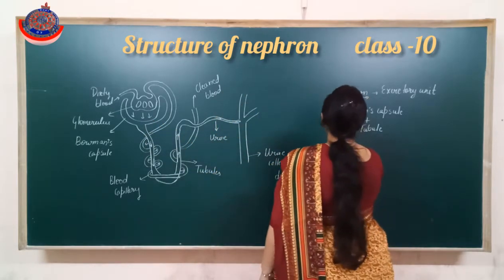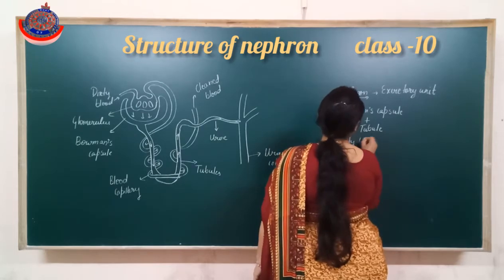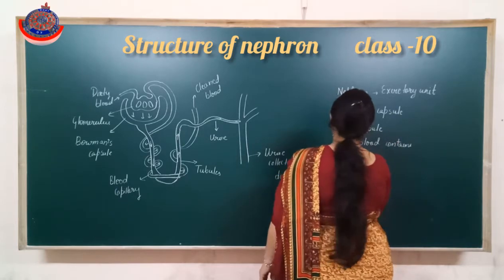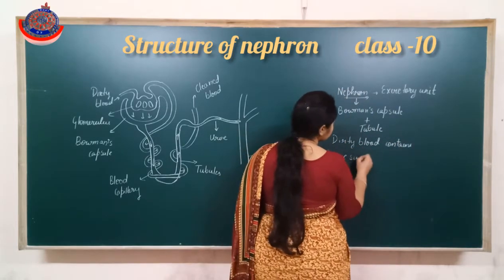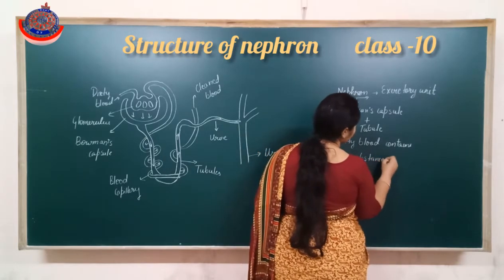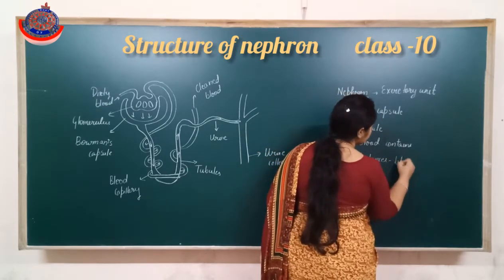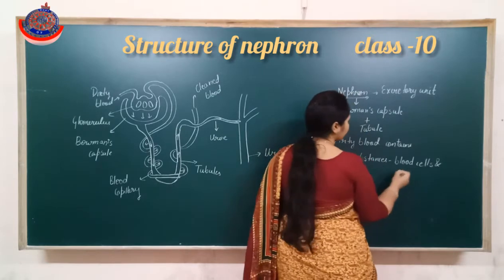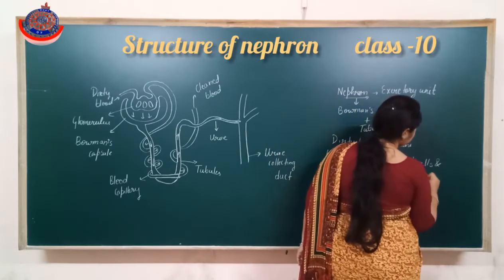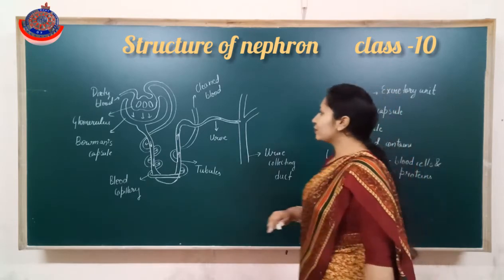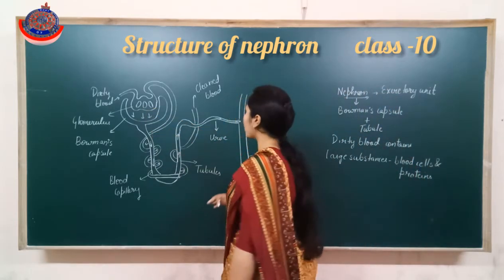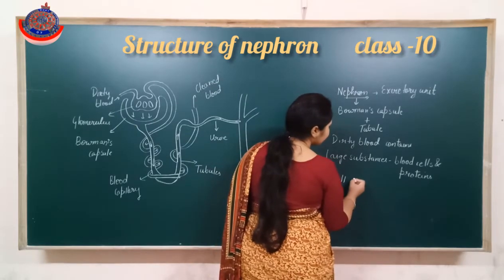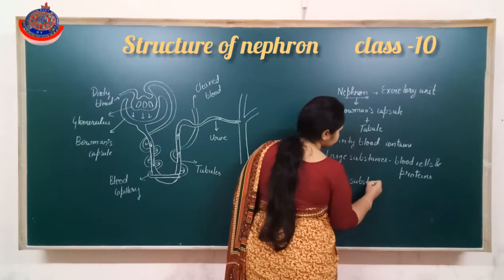So the dirty blood contains some large substances like blood cells and large proteins, which after filtration remain in the glomerulus only, and the small substances form the filtrate and enter the tubules.